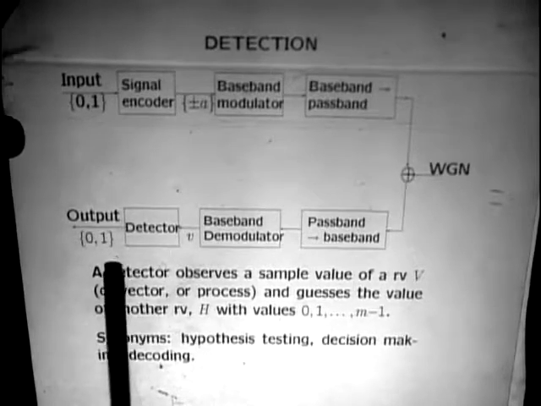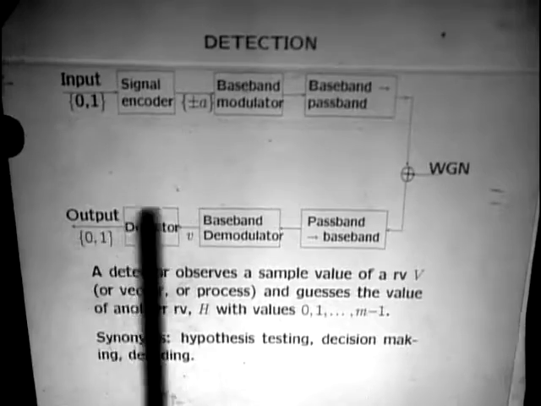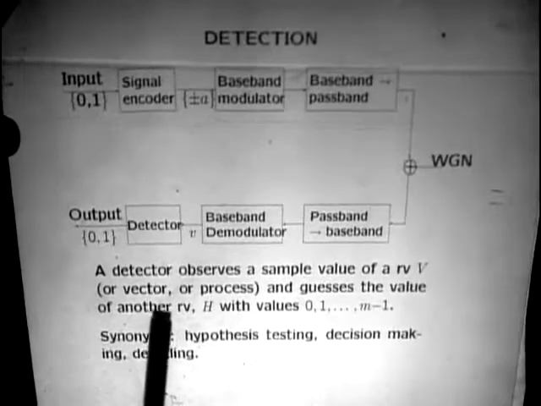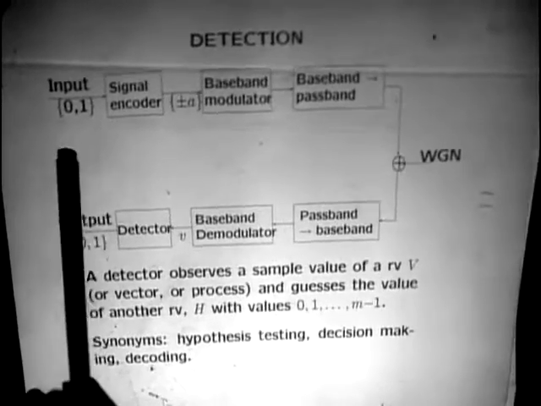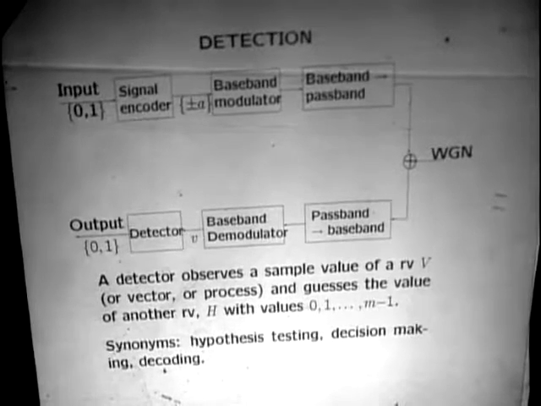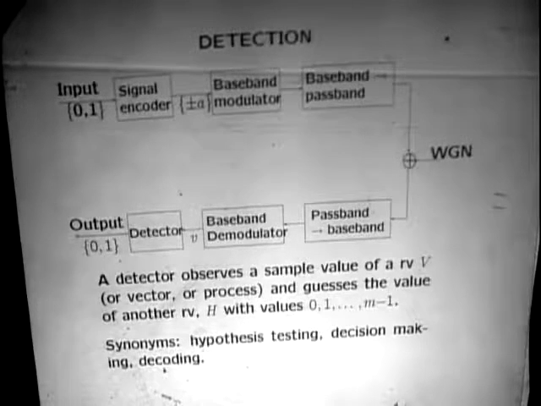Now, one of the things that we're doing right now is we're simplifying the problem in the sense that we're not looking at a sequence of inputs coming in, and we're not looking at a sequence of outputs coming out. We're only looking at a single input coming in.